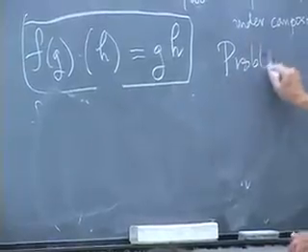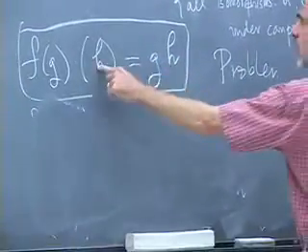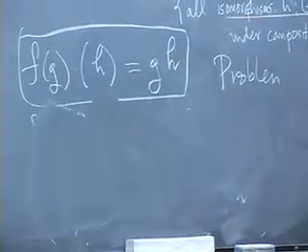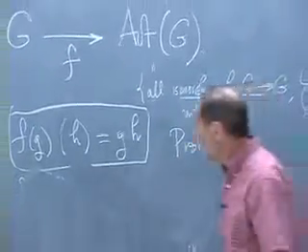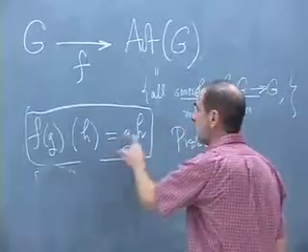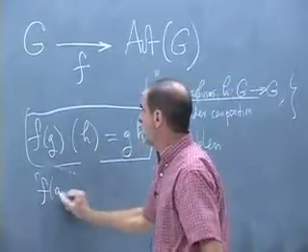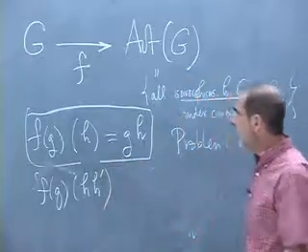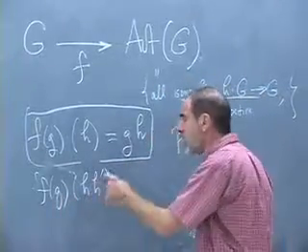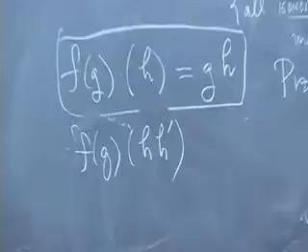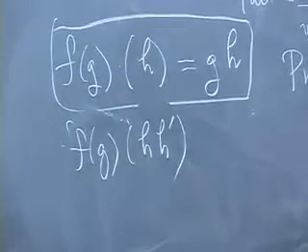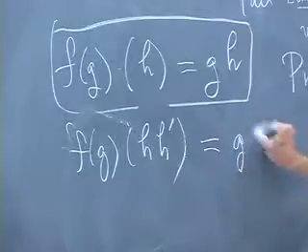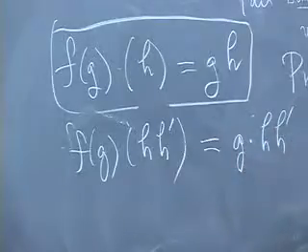Problem. This map that takes h to gh is not an isomorphism of groups. It's an isomorphism of sets. Namely, if I apply f of g to hh prime, I did it the wrong way, there we go, that has to be f of g of h times f of g of h prime. And this is, by definition, g times hh prime.